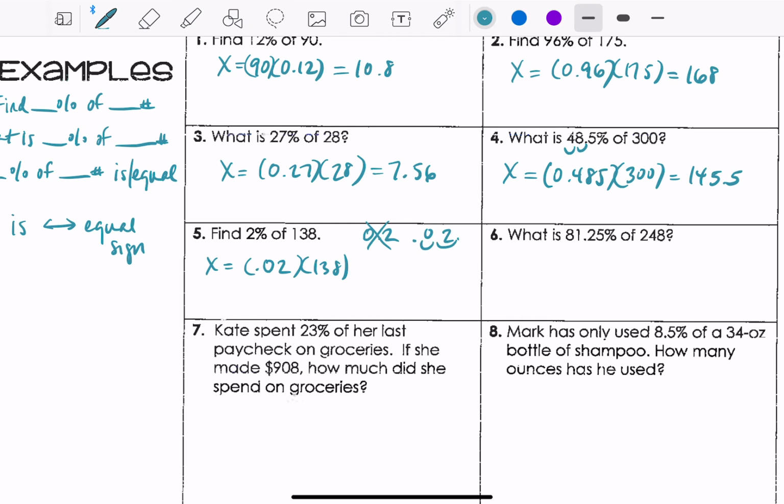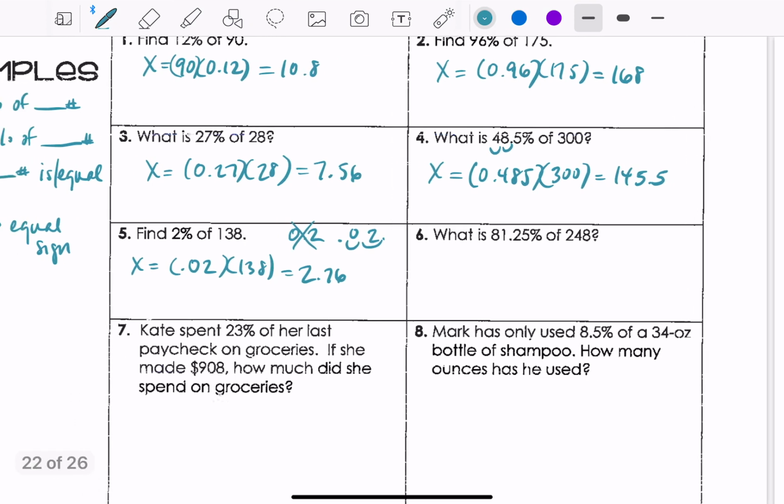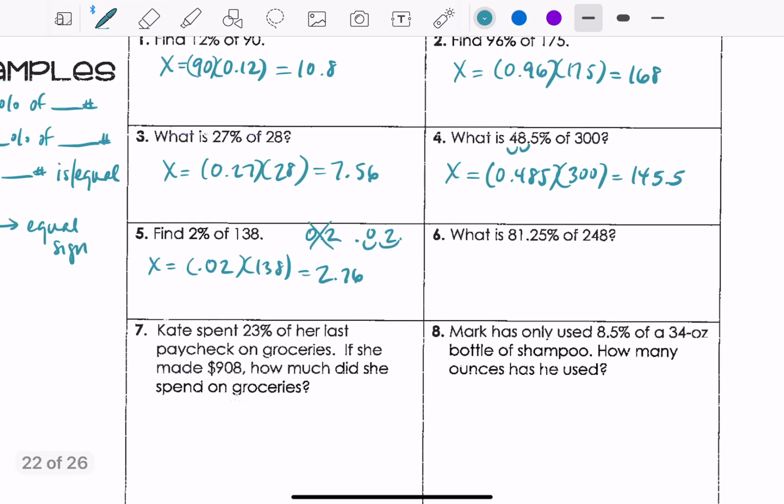So 0.02 times 138 is 2.76. Number 6, what is 81.25% of 248? So x is equal to, I'm going to rewrite that percent as a decimal, so it's going to be 0.8125 times 248. And I get 201.5 for that one.